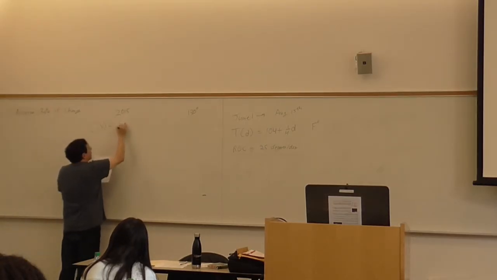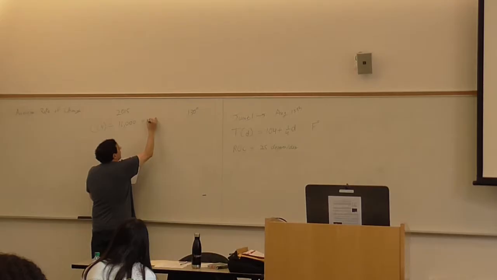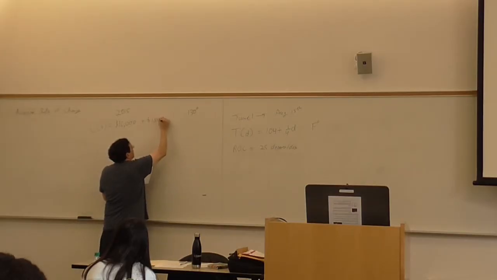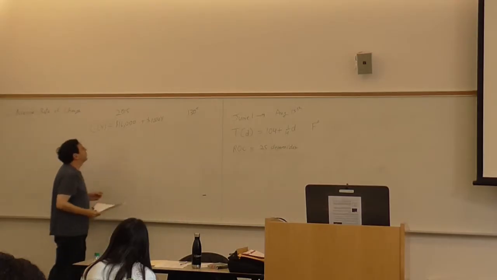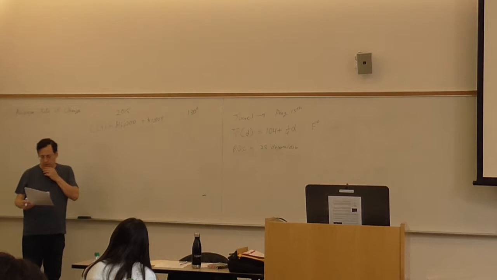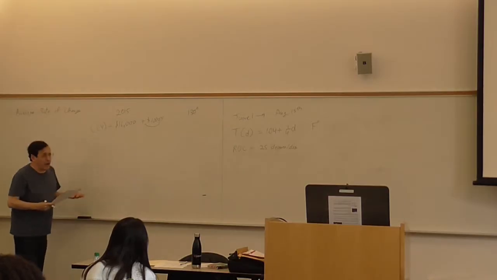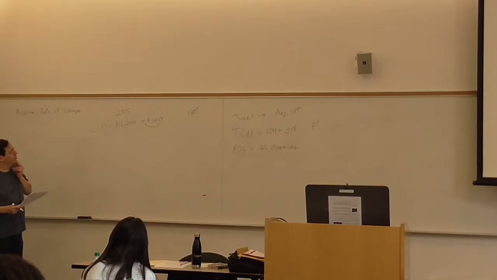Okay, the average cost of a college education, $16,000 plus $1,000 times Y, that is every year since 2005 it goes up $1,000. So again, the average rate of change here is $1,000 a year.